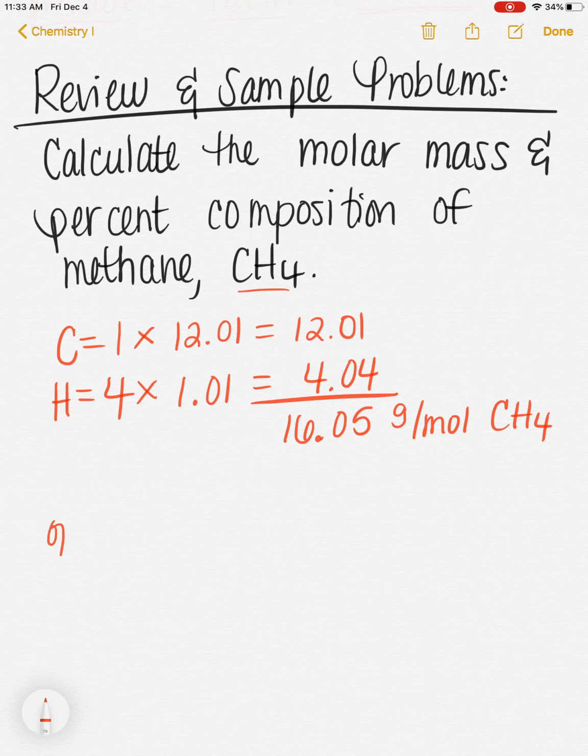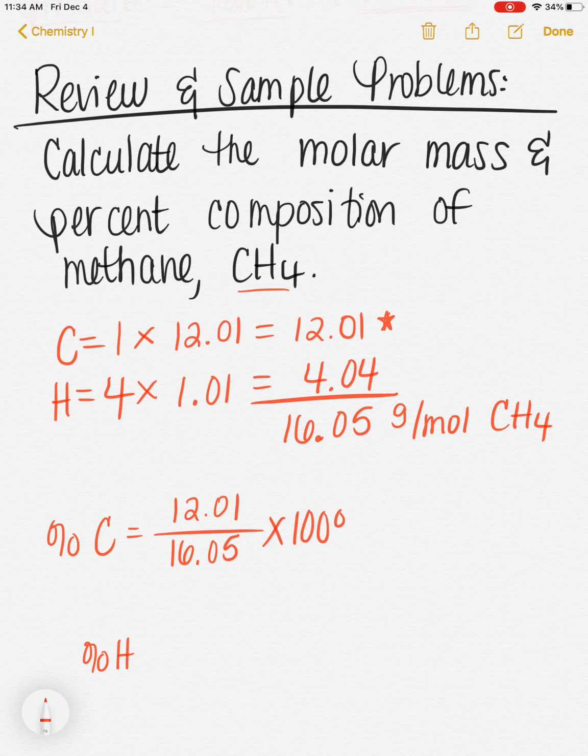We are also supposed to determine the percent composition, so I must find the percent that is carbon and the percent of this compound that is hydrogen. To find the percent composition, you take the total mass of that particular element. In this case, carbon has a total mass of 12.01, divided by the total mass of the compound, which is 16.05, and we multiply by 100%.